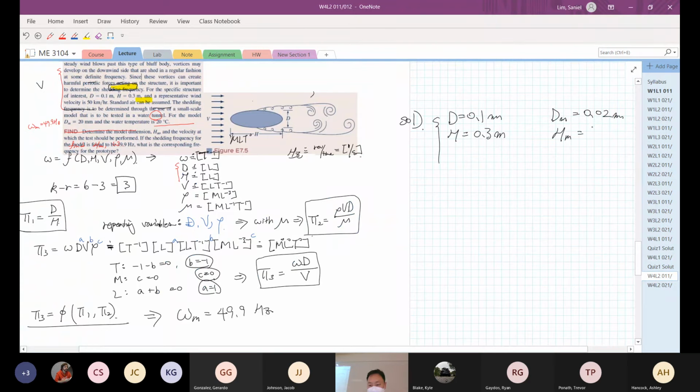HM we still don't know. We're going to find it. Then what you have is a velocity, so 50 kilometer per hour. If you convert it into meter per second, you'll find 13.9 meter per second.